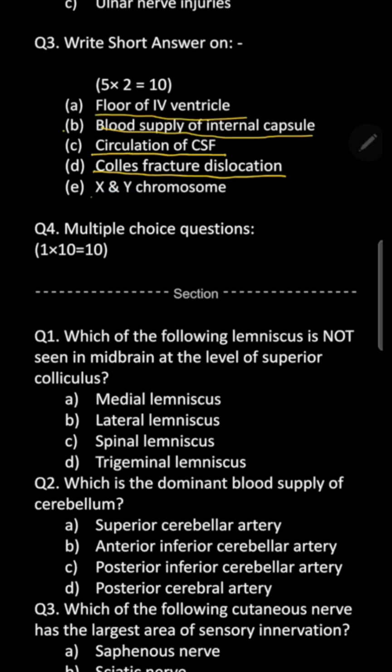Next question here is on X and Y chromosome. This is a small question from the genetic portion. So here you have to describe about X and Y chromosome. Means you have to describe the structure, the group in which they are placed in a karyogram, and other important features.